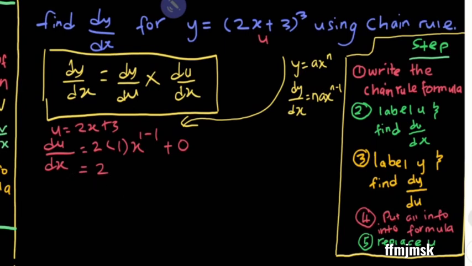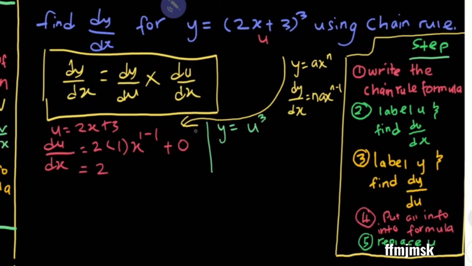Alright, so the next step is label y and find dy over du. Step number 3. y equal to u power of 3.